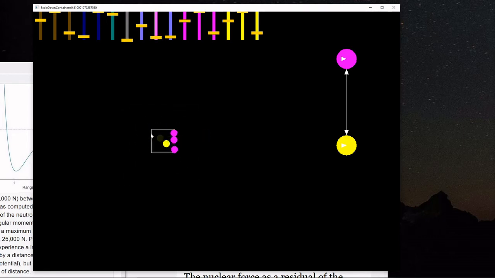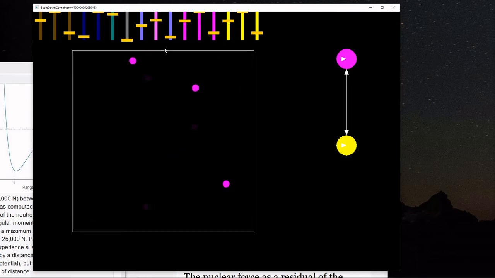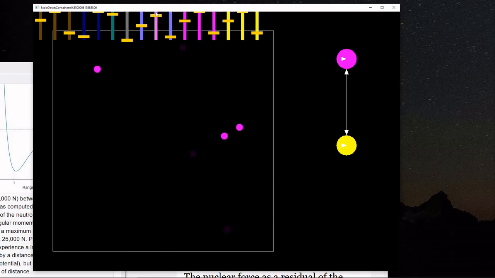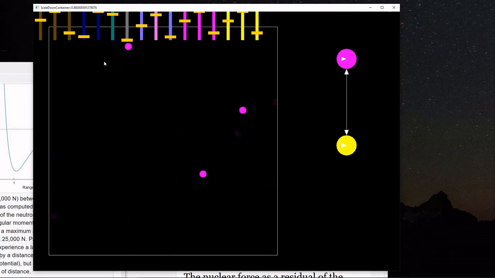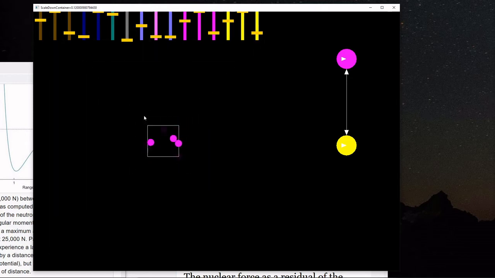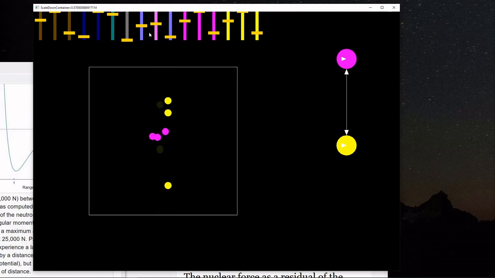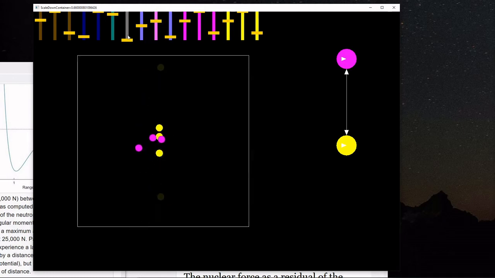Oh, there we go. Okay, so what happened was the electrons went out of the bounds of the container. The collision detection is no longer working, so I'll stop, start. Okay, and of course now they have lots of energy. So slow down energy, start it back up. A bigger container. Okay, there we go. This'll work.